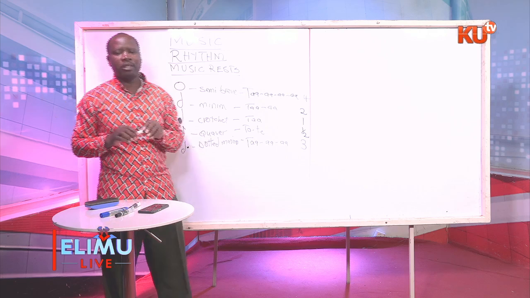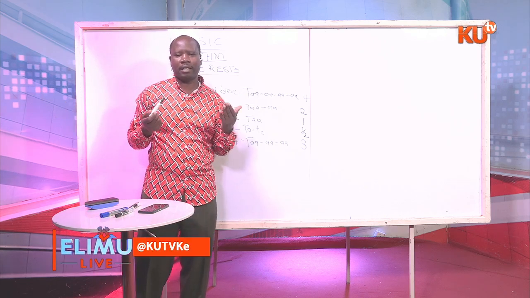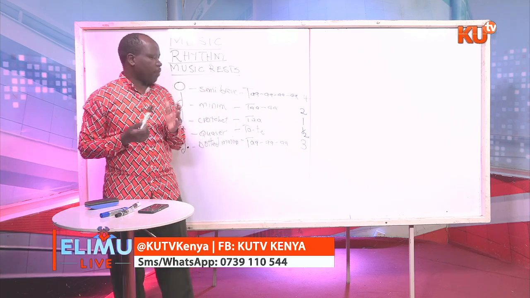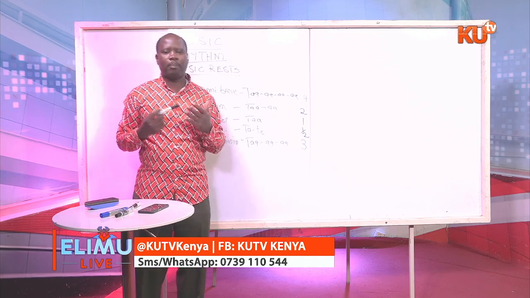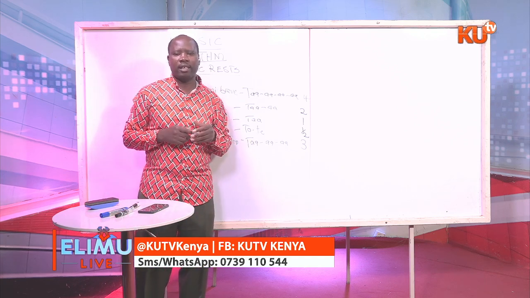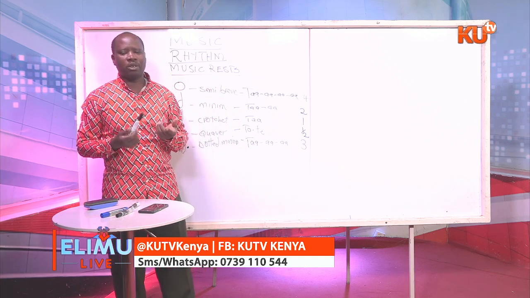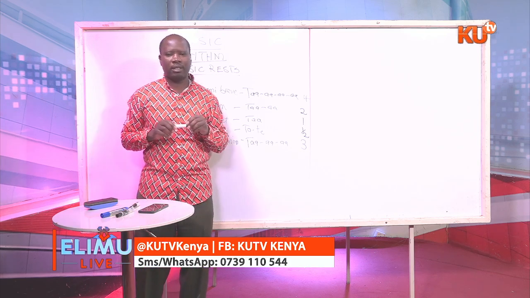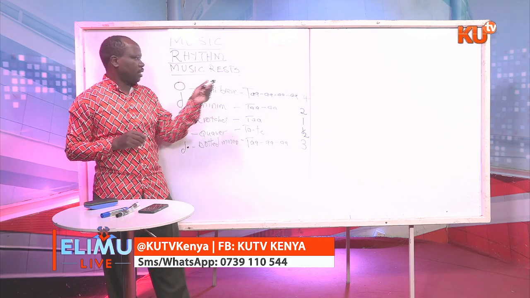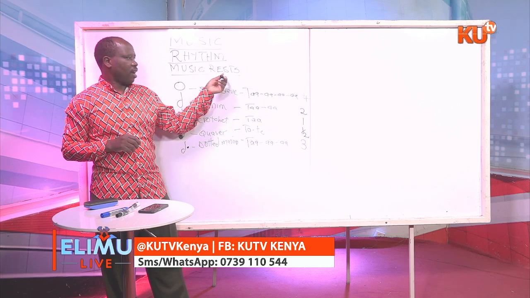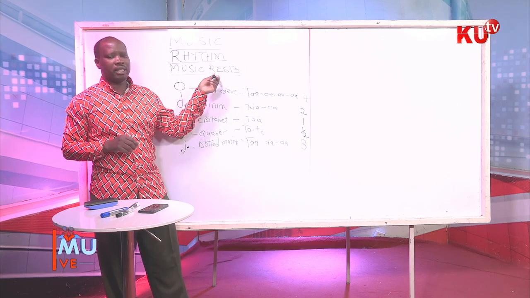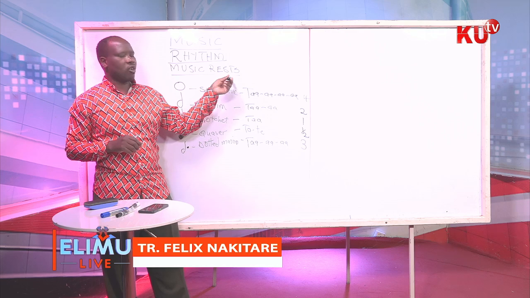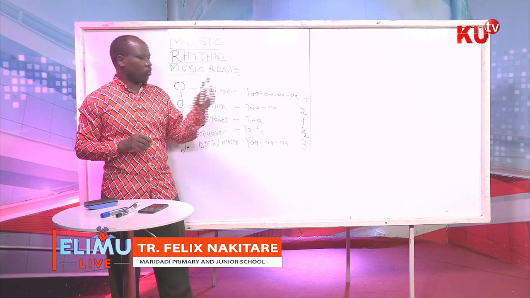If you have some other musical instruments, let's say maybe a guitar or a piano, the tune of the piano will continue to be played. For the guitar, the guitarist will continue playing the guitar, but the singer will not produce any sound in the place where there's indication of rest. Therefore, in simple terms, music rests are a period of silence in a song.